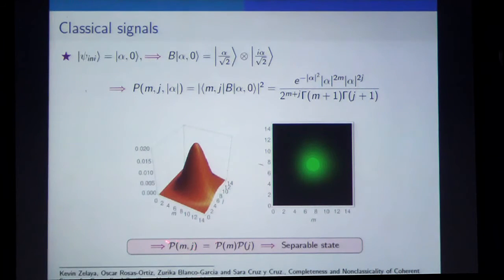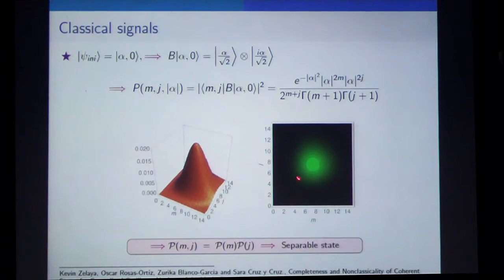Then this probability is factorizable. That means that the state at output is separable, and using the Knight conjecture, that implies that this state is classical. We verified the result. And here we plot the joint probability in terms of m and g.